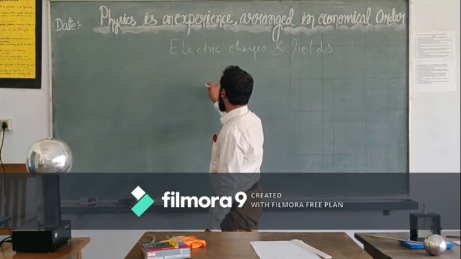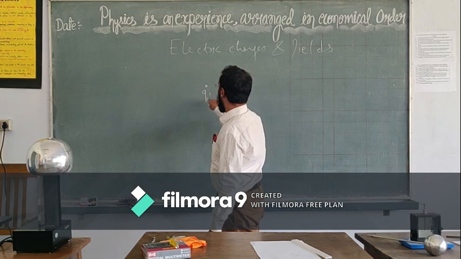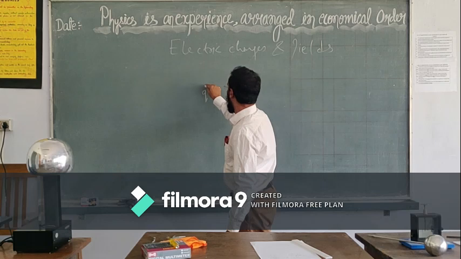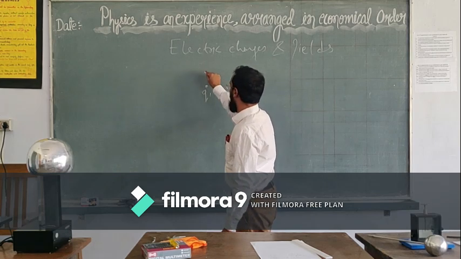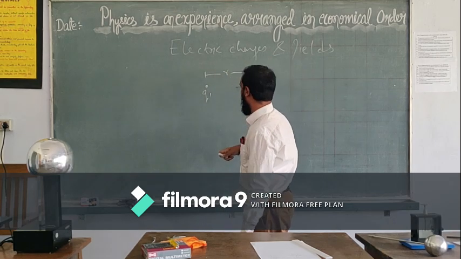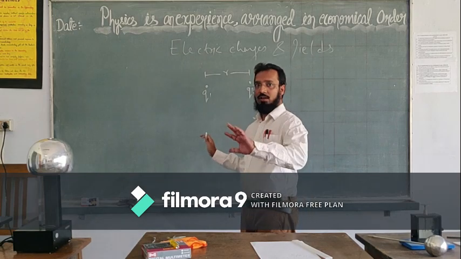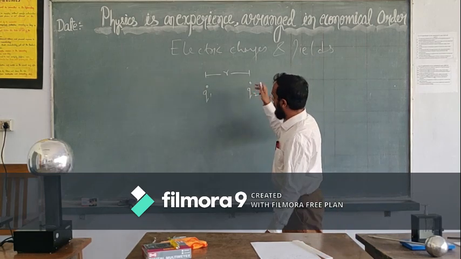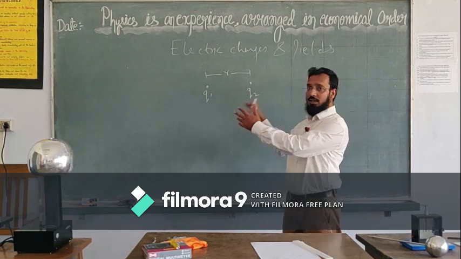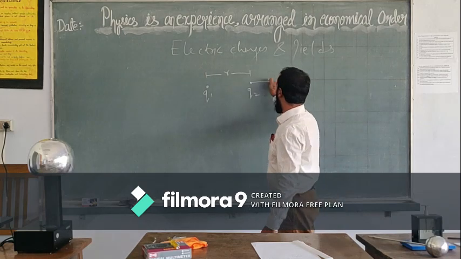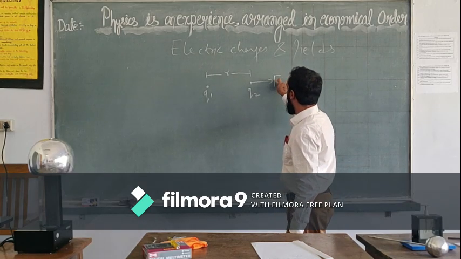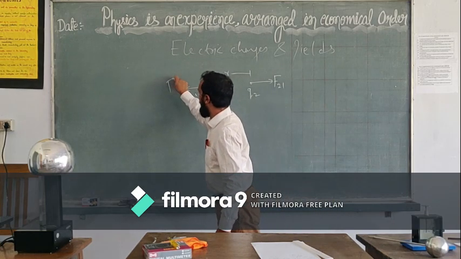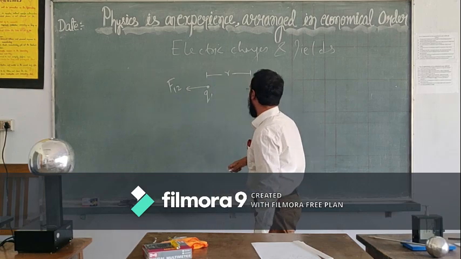If you have a charge Q1 over here and a charge Q2 over here, separated by a distance r, let us for now take these two charges as positive. So this will exert a force on that, and that will exert a force on this, because they are like charges, so this will exert a force on that in this direction. This is the force on 2 due to 1, and this will exert a force on that in this direction. This is the force on 1 due to 2.